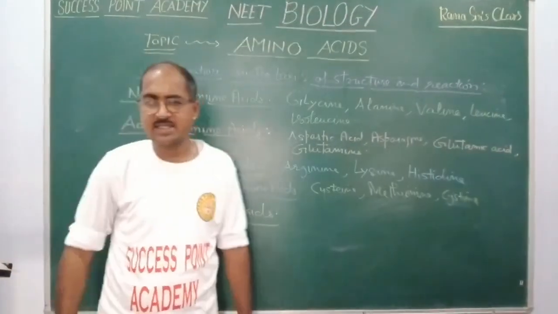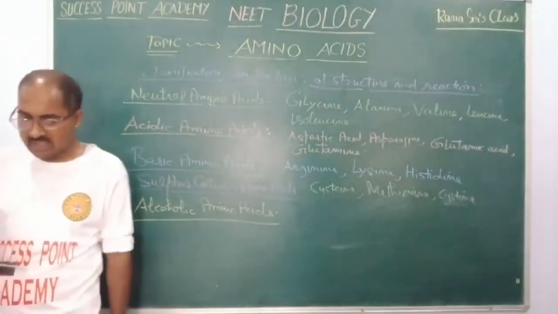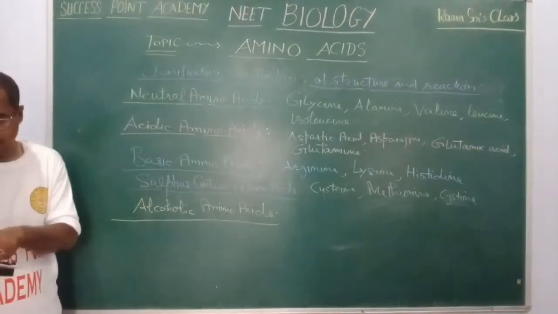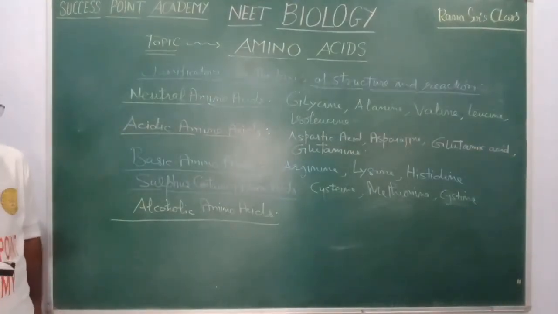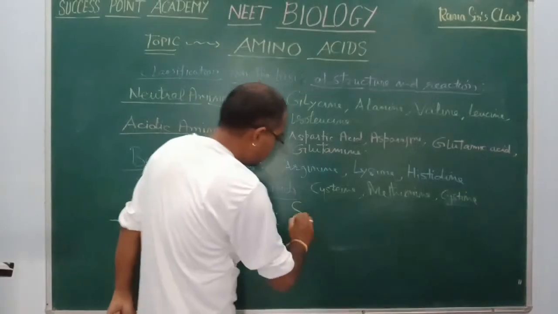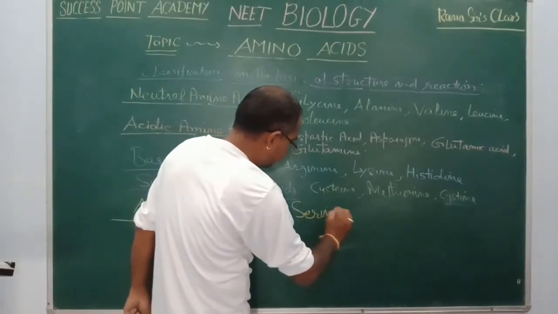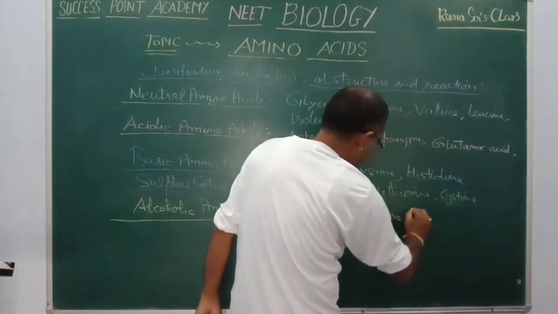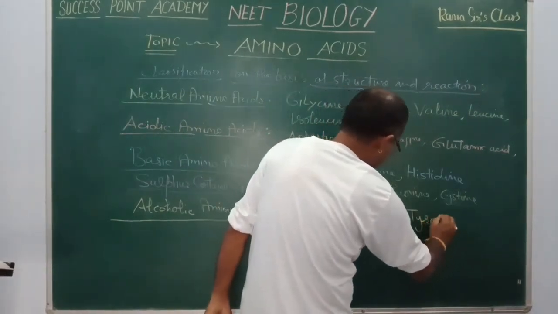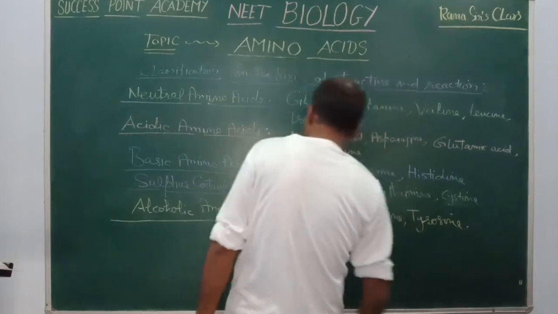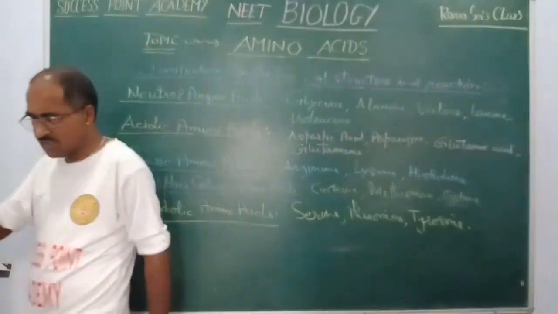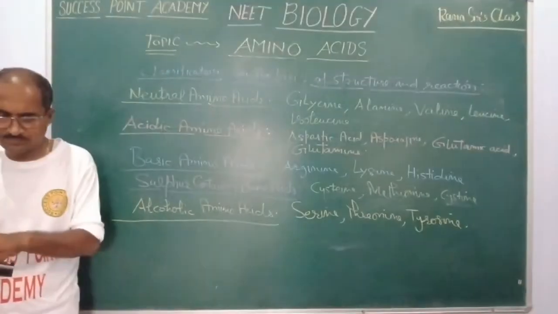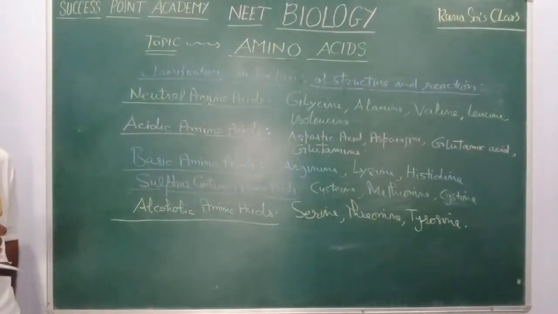So you can guess what they could be, and if you don't know, then note down: serine, threonine, tyrosine. These are the examples of alcoholic amino acids.